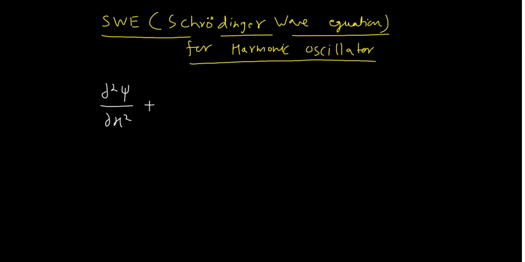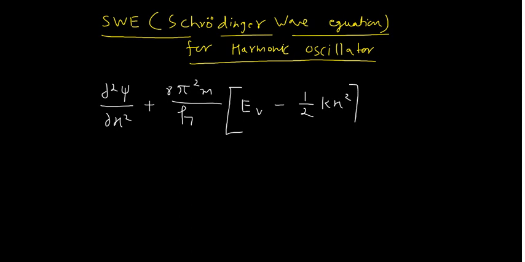And this is 8 pi square m over h squared, and this is the potential energy of the system, E_V I am writing in that case, minus half of k x square, this I have already given you, and psi equals 0. This you should remember. This is the Schrödinger wave equation for the harmonic oscillator.